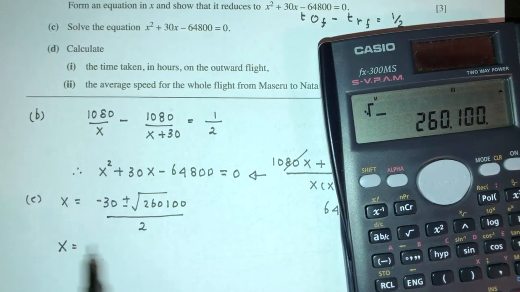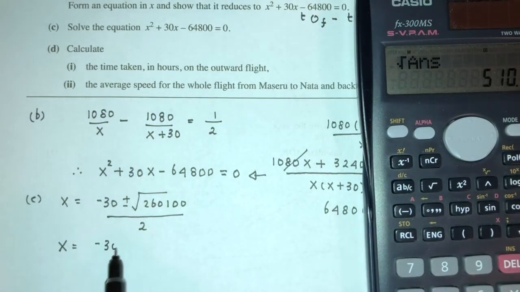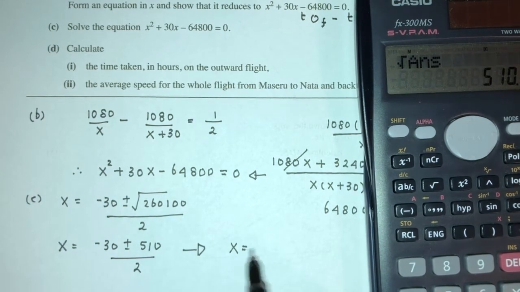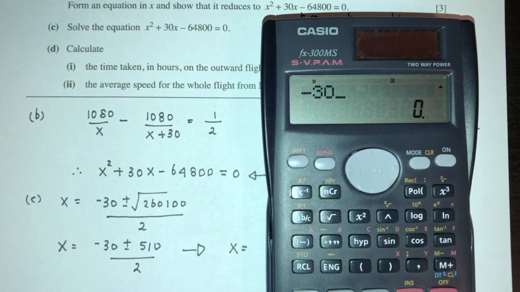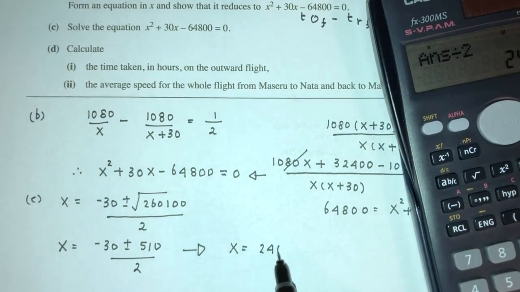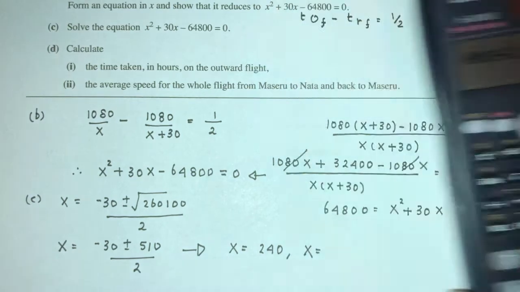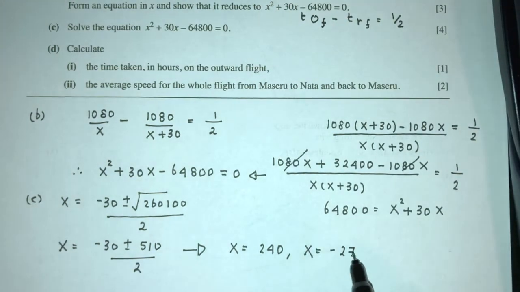So the square root is 510, so minus 30 plus or minus 510 divided by 2. From this we can derive x can be minus 30 plus 510 divided by 2. That will be 240. Or x can be minus 30 minus 510 divided by 2, which is minus 270.